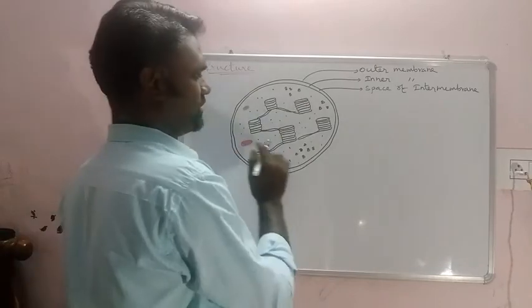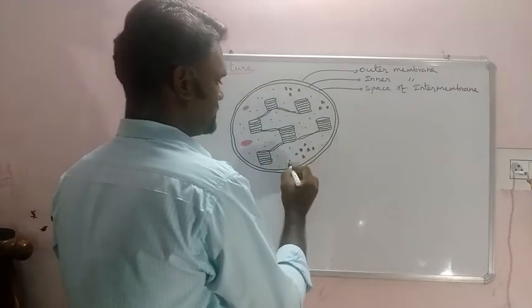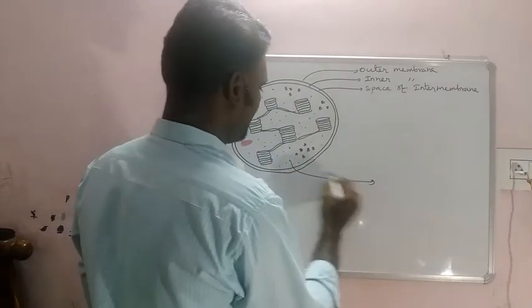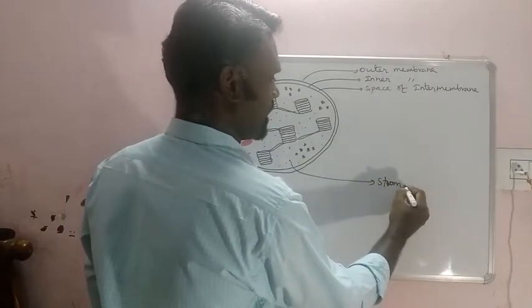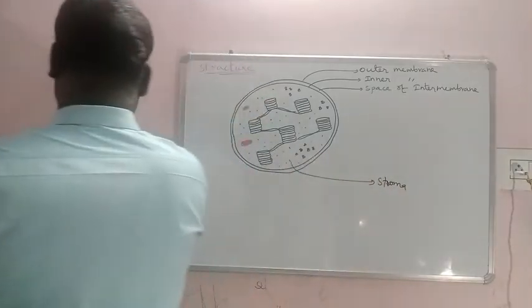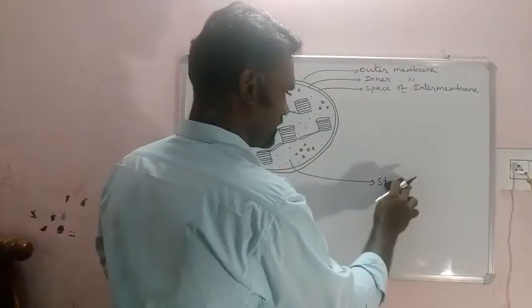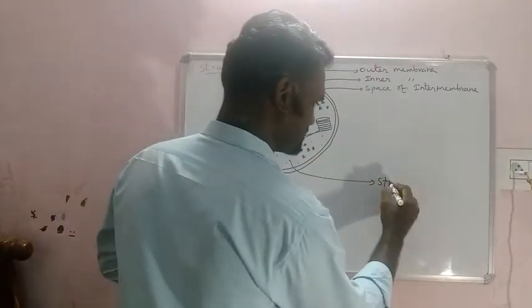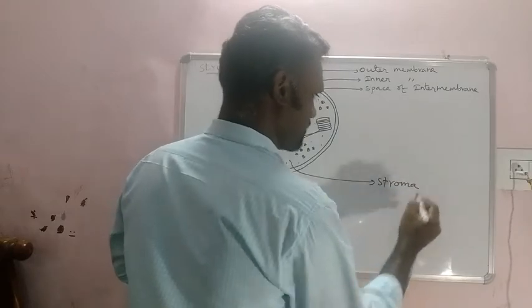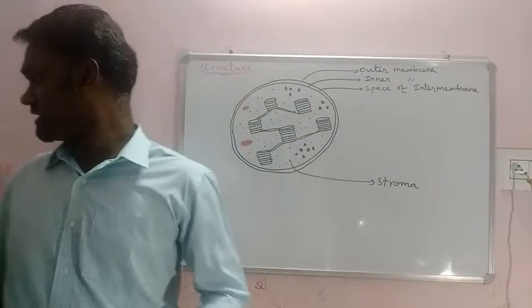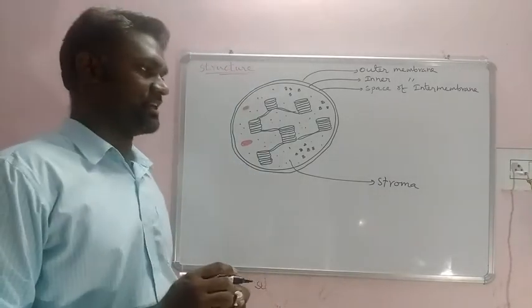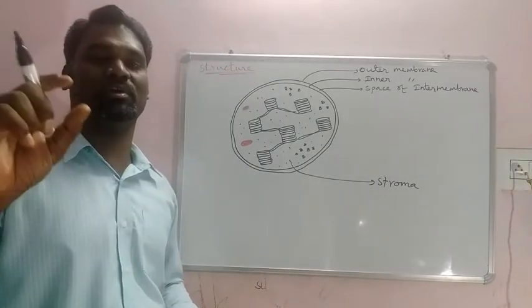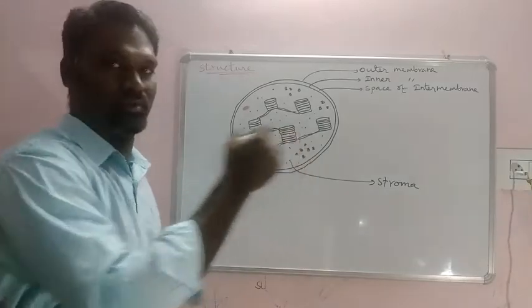So when you come inside, the particular inner portion is called stroma. Look at the word carefully. This is stroma. I am telling this because in biology we have already crossed the word stoma in plant nature. It is the stomatal opening, called by the word stoma, S-T-O-M-A.